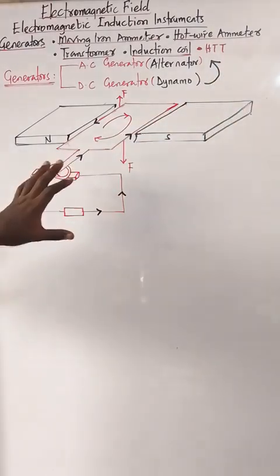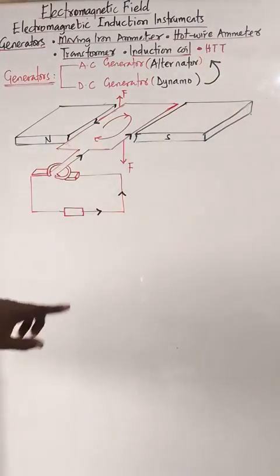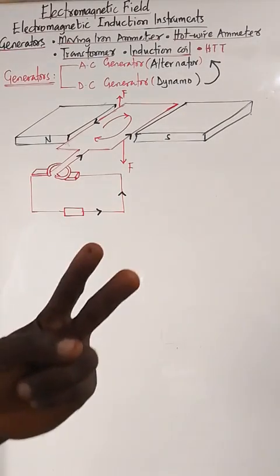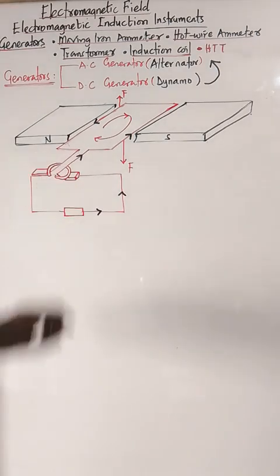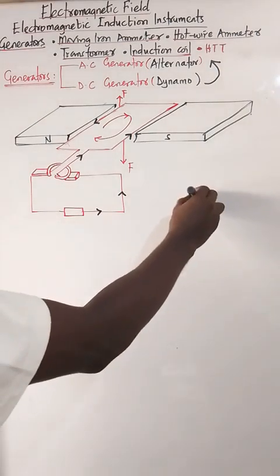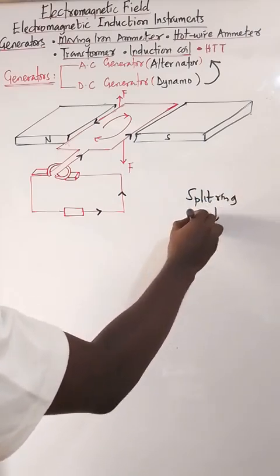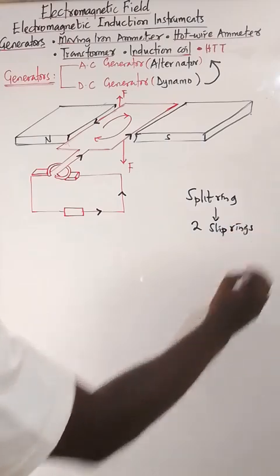But since we have DC on the board, how can we convert this to AC? A DC generator can be converted to an AC generator by replacing the split ring with two slip rings. We replace this split ring. The split ring is replaced by two slip rings.